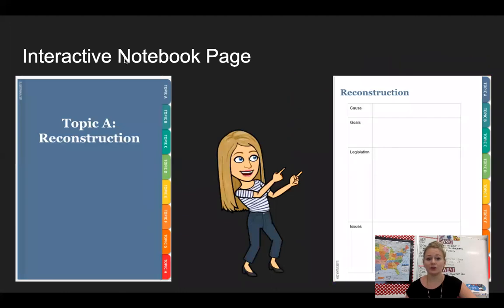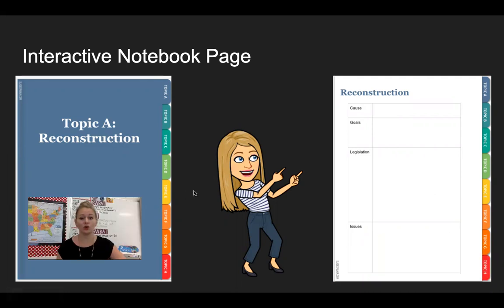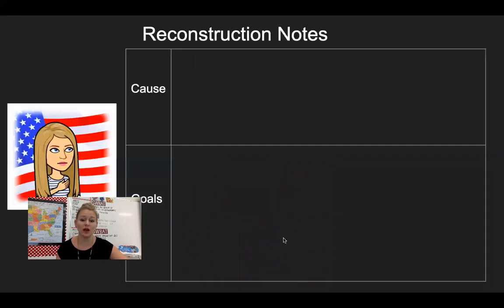The interactive notebook page that you need to fill in today is right here. We're going to be looking at the ideas of Reconstruction and what Reconstruction was all about and trying to build the country back up once the Civil War was over. So you're going to learn about the cause of Reconstruction, the goals of Reconstruction, the legislation that was passed, and issues that were had.